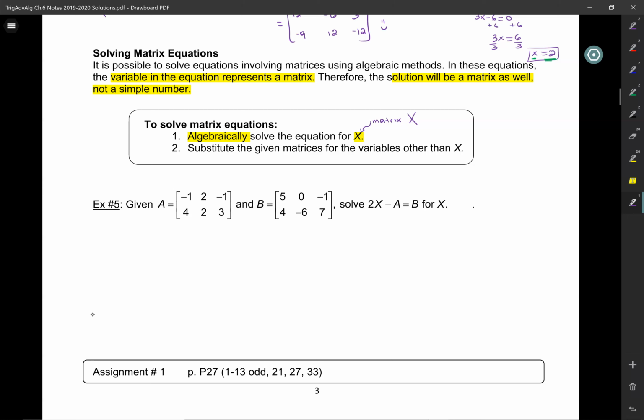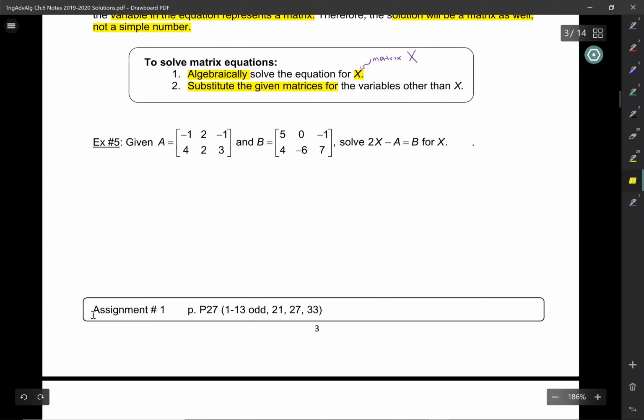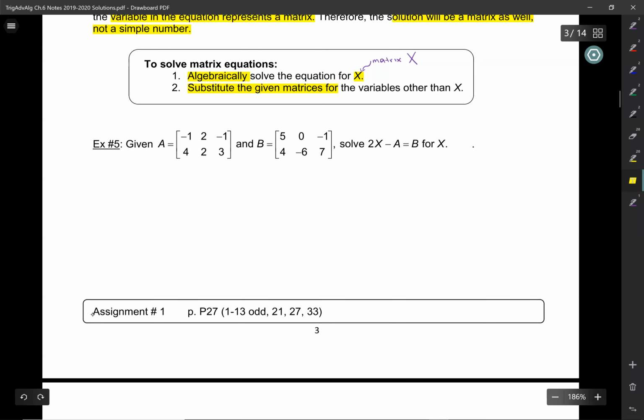Once you've solved the equation for x, you substitute the given matrices for the variables other than x. Again, let's just do another equation. I have matrix A, I have matrix B. I am given the equation 2X minus A equals B, and I need to solve it for X. So first I take 2X minus A equal to B. What am I going to do?